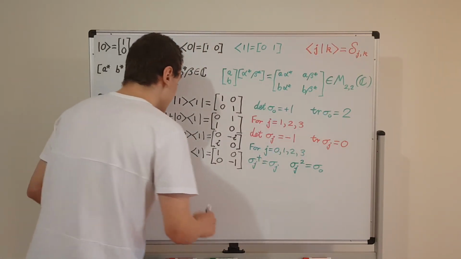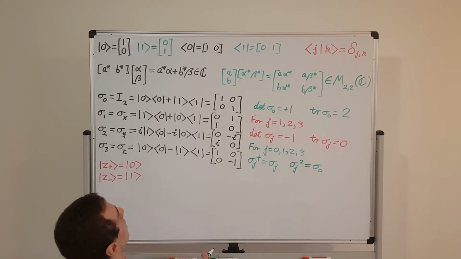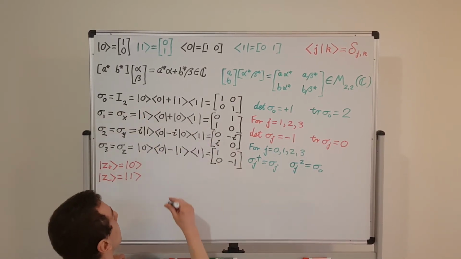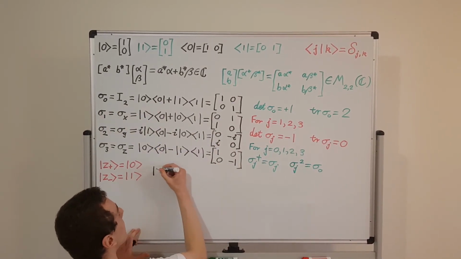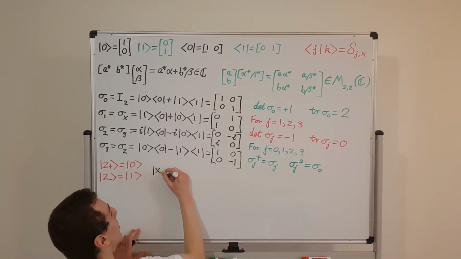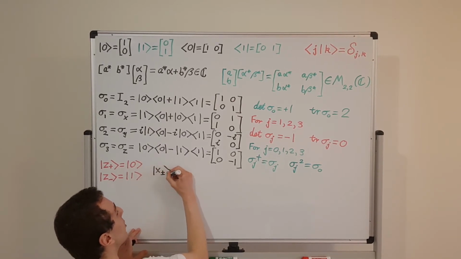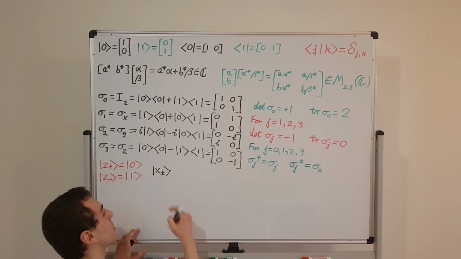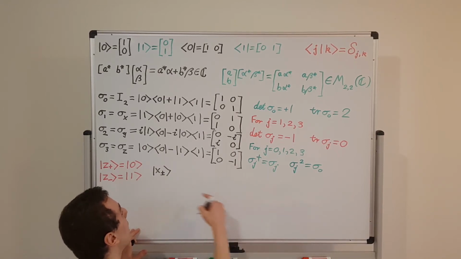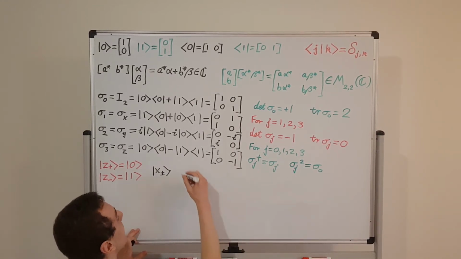Now let's work out the basis vectors for this Pauli x operator. So I'll write them in one shot. We'll have x plus or minus, so we're writing both of this eigenbasis. Plus corresponds to a +1 eigenvalue, and minus corresponds to a -1 eigenvalue.